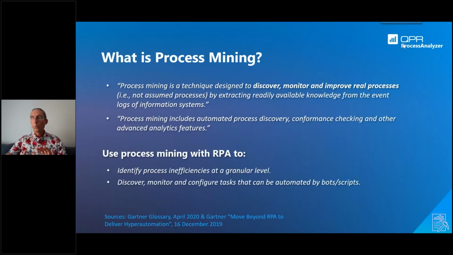So now, how we say and how Gartner is saying that these two tools and methods, RPA and process mining, should be used together. The basic idea in a nutshell is that process mining should be used to identify the inefficiencies on a high level and also on the detail level.